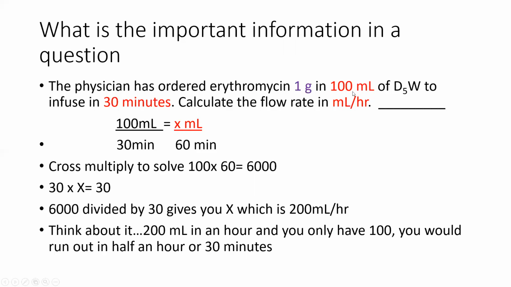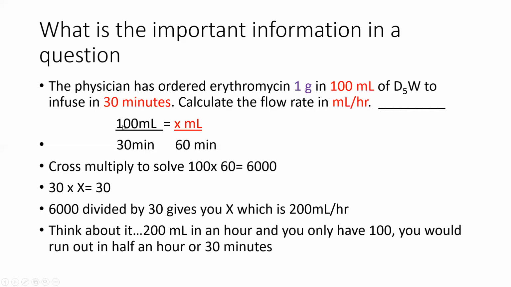So I'm looking for volume. So not this. I need to pay attention to 100 milliliters, and it wants to know in this time frame, in 30 minutes. So if it wants me to give 100 milliliters over 30 minutes, then I don't know what the rate is for 60.